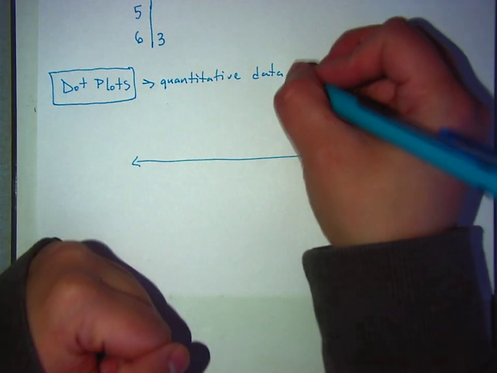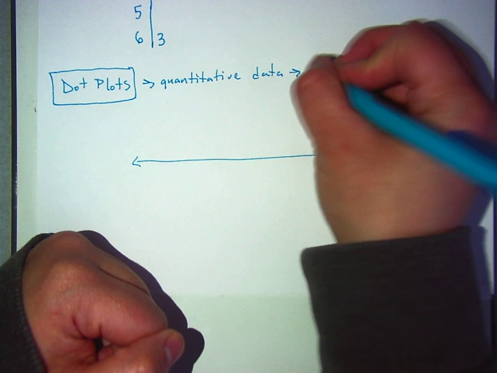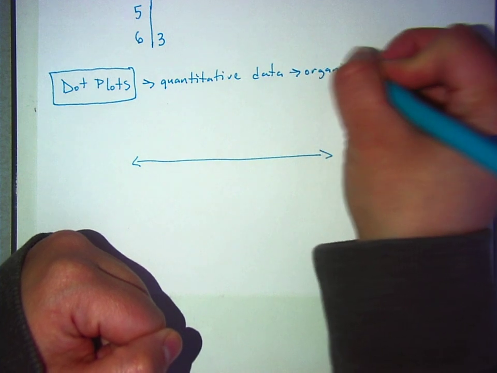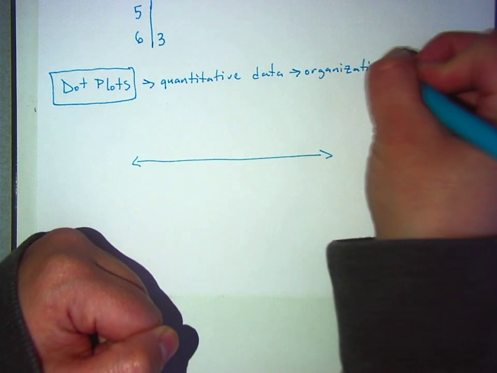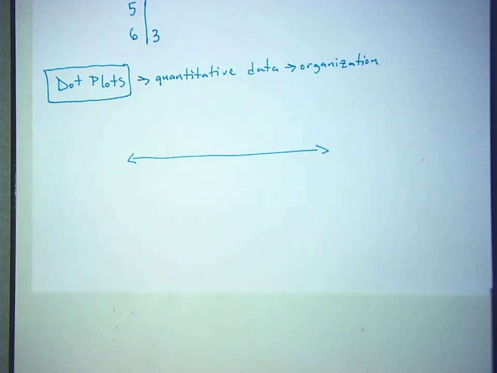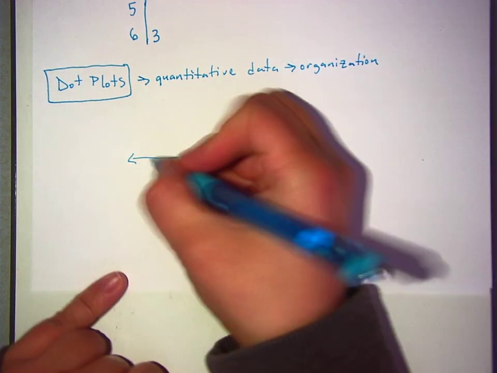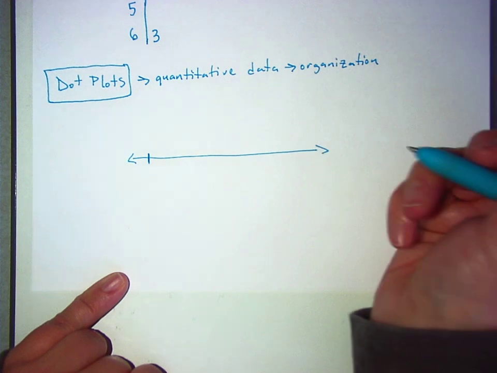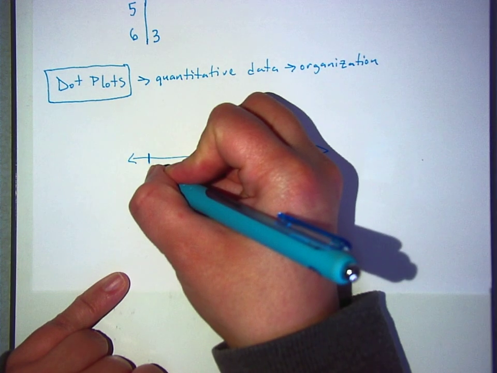And this also helps with organization and looking at the big picture from afar. Let's see, we're going between what, 7 and 63? So I'm going to start here at, I think I'm going to go by tens.